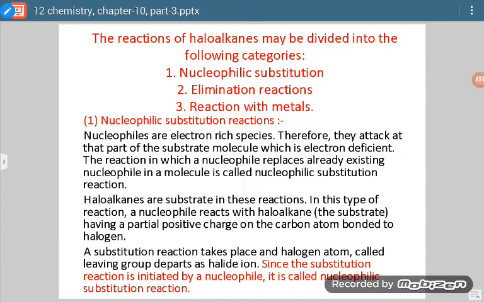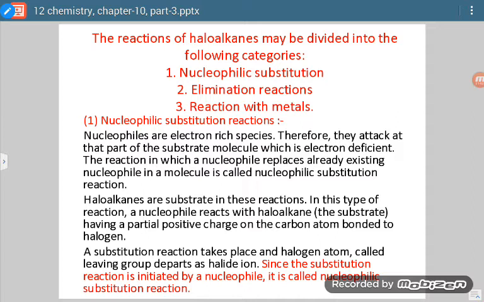Okay, now see, now you know what nucleophiles are. It means they will play their role in such reactions where they will find a positively charged portion in the reactants. Okay, so they attack that part of the reactant which is electron deficient, because they are attracted towards the positively charged portion.